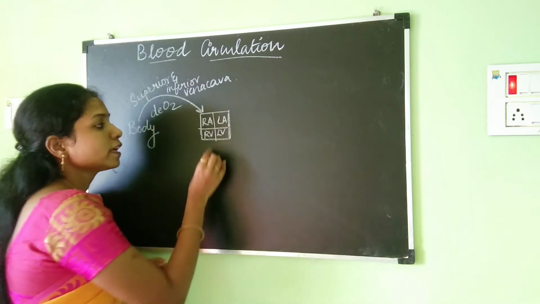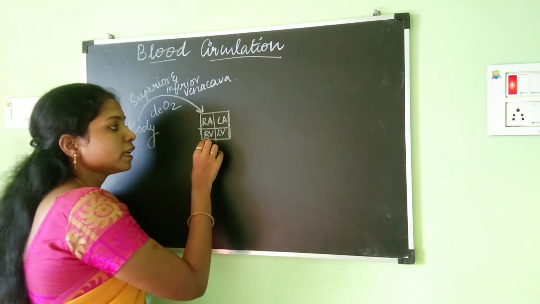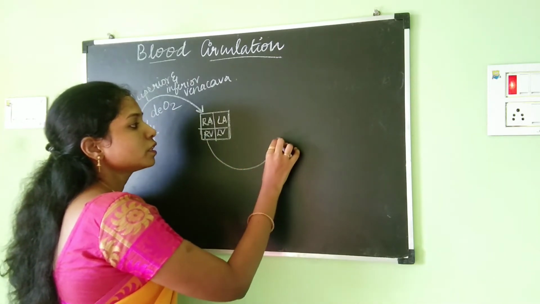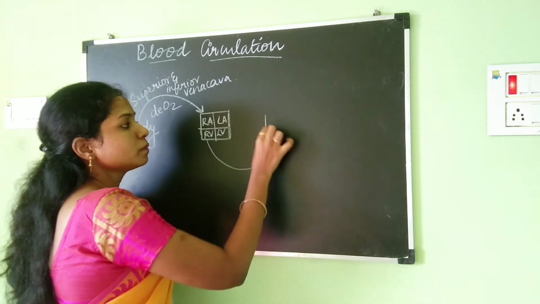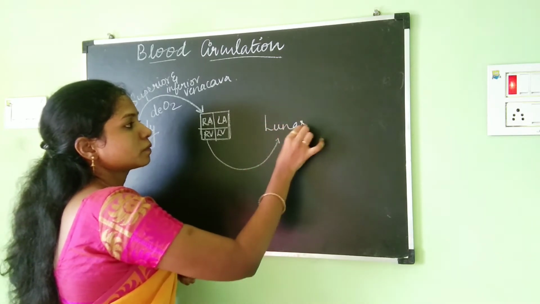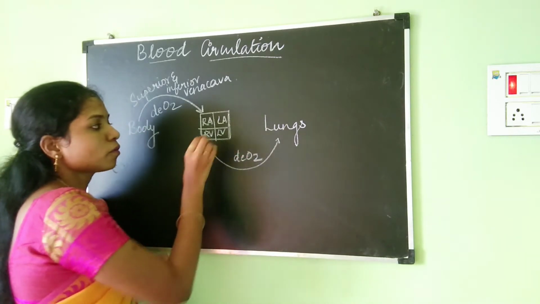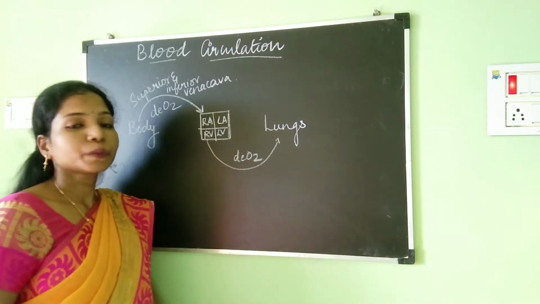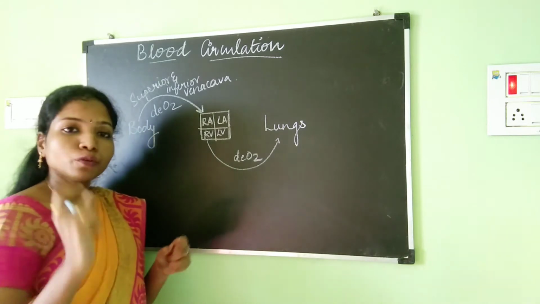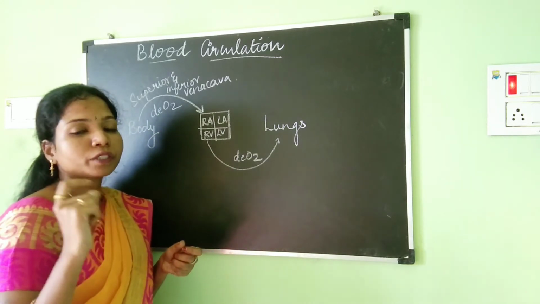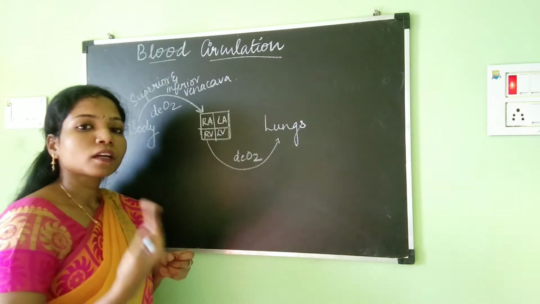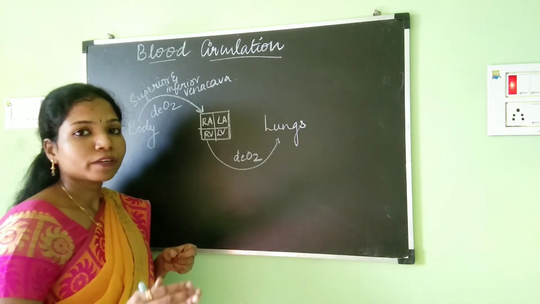Okay. And then from the right ventricle, the deoxygenated blood will enter into the lungs. You know very well that all the blood in our body is transported with the help of blood vessels only.